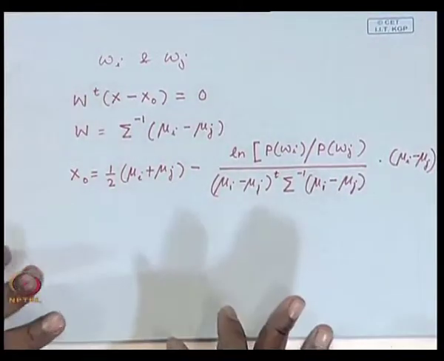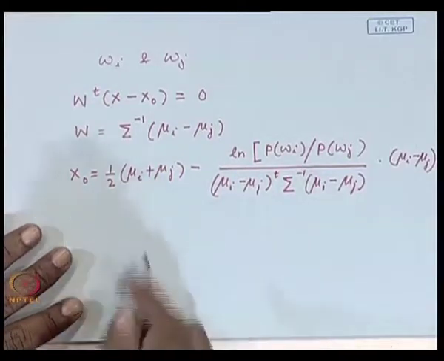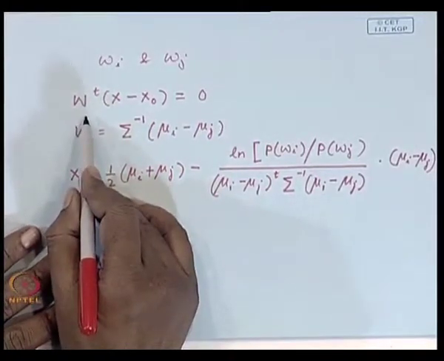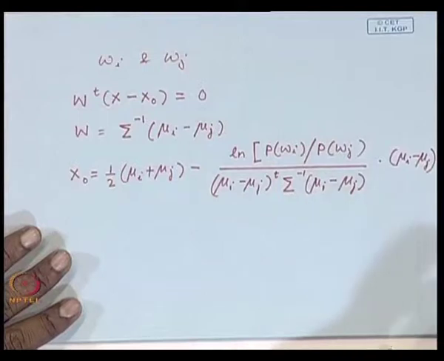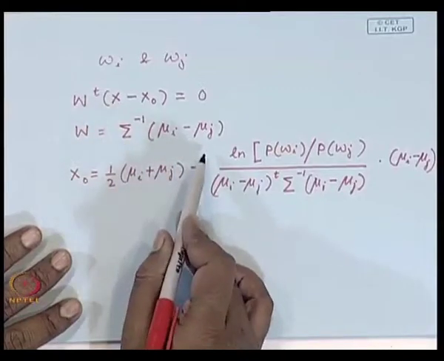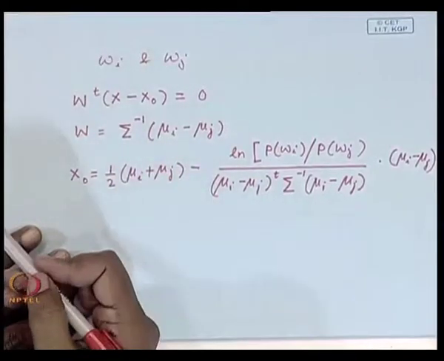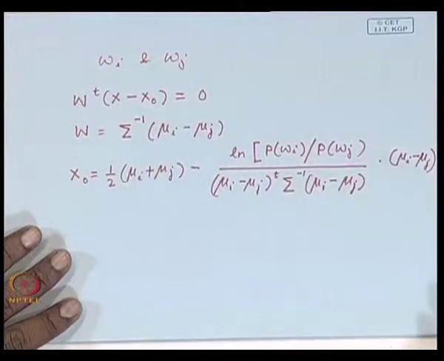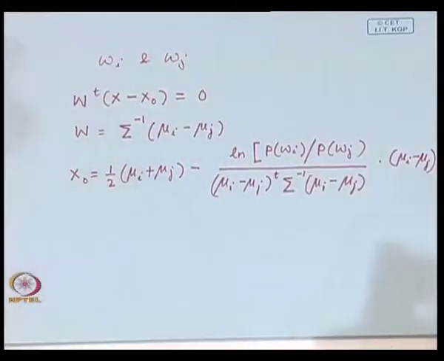So, the expression becomes more or less the same. I get a similar expression, w^T (x - x_0) = 0, where this w is nothing but Σ^{-1} (μ_i - μ_j). If you remember, in the earlier case our w was simply μ_i - μ_j, which is the vector from μ_j to μ_i.